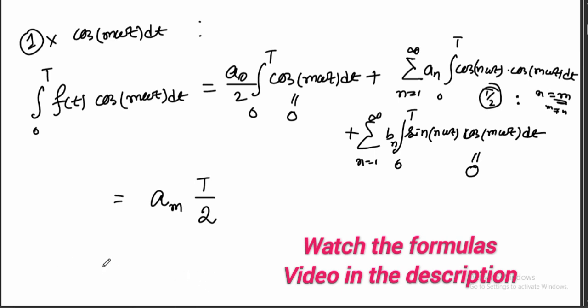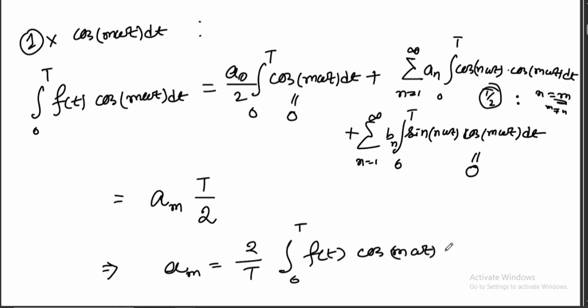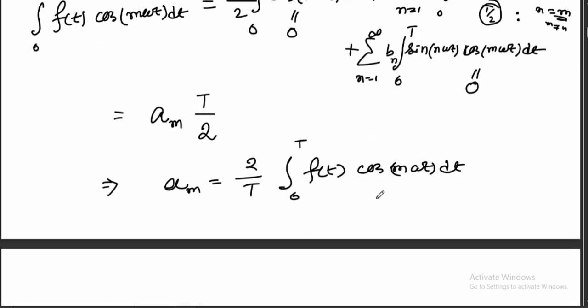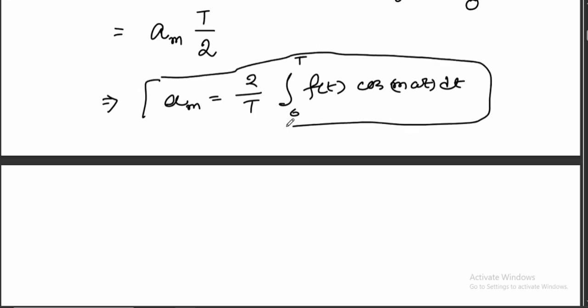So we can find am equals 2 by T integration 0 to T f(t) cos m omega t dt. This is for m, so we can write it also for n. So this is our second coefficient.